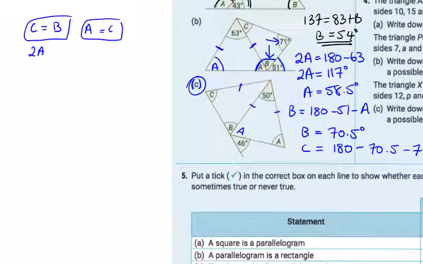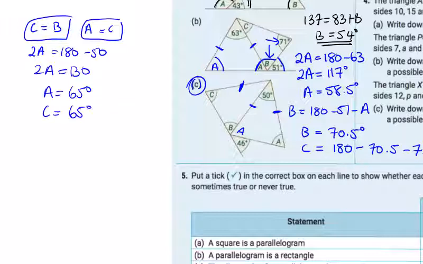That's just from the straight lines, telling us the sides are the same. So what have we got here? With 2A is equal to 180 minus 50. 2A is 130. So A is 65 degrees. That means that C is 65 degrees. And B is 65 degrees.